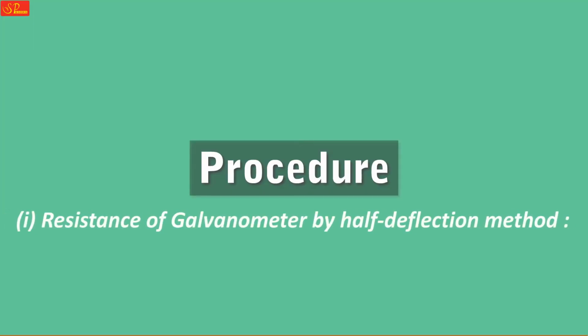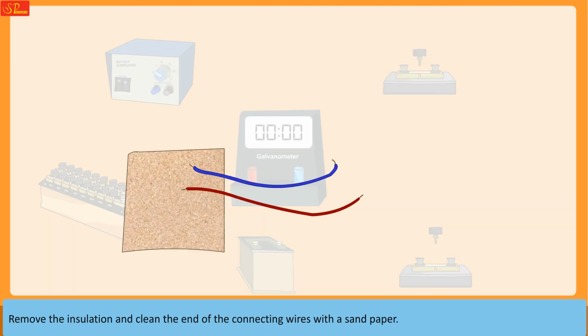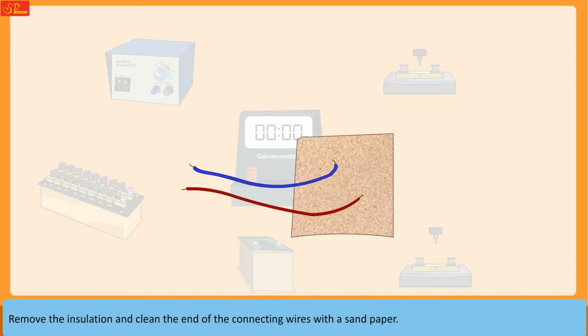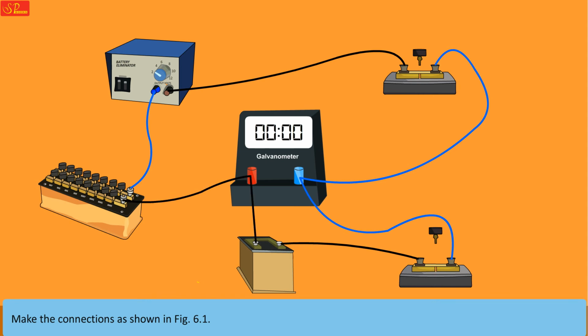Procedure: resistance of galvanometer by half deflection method. Draw a circuit diagram of the experimental arrangement as shown in figure 6.1. Remove the insulation and clean the ends of the connecting wires with the sandpaper. Make the connections as shown in figure 6.1.